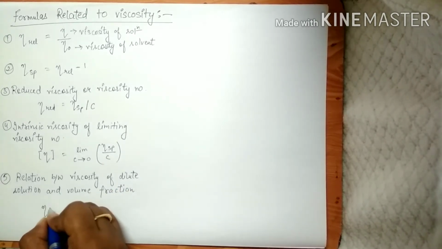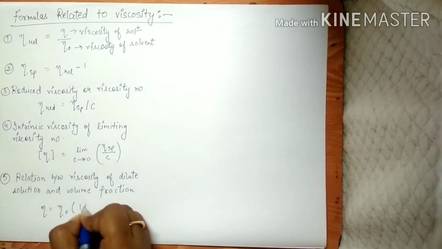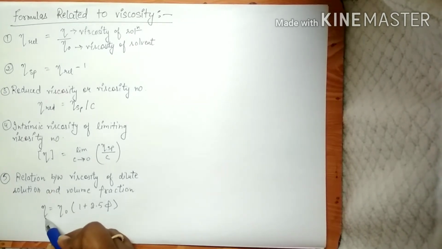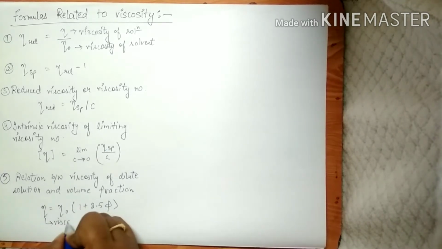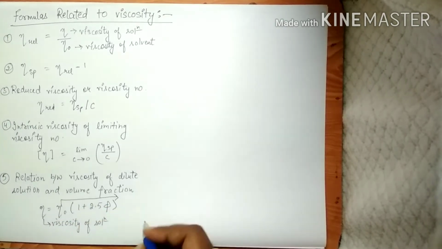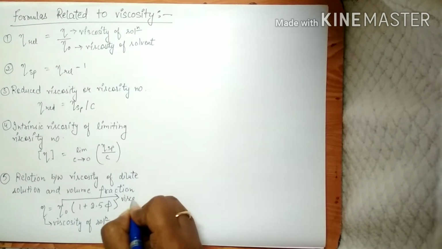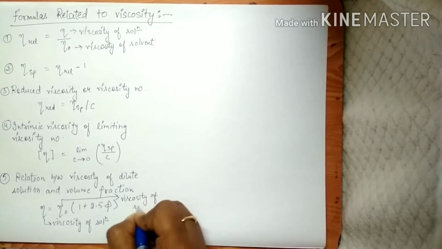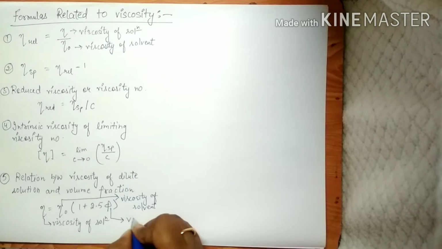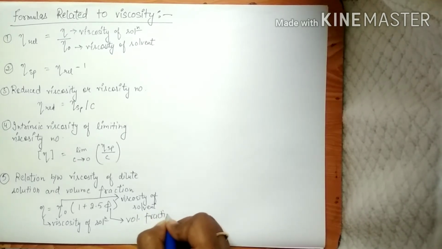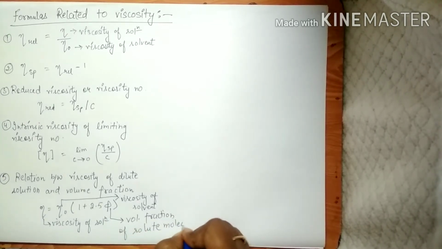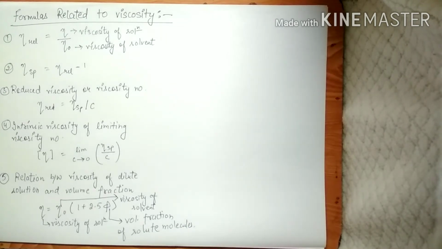The relation is eta is equal to eta naught into 1 plus 2.5 into phi, where this eta is your viscosity of solution, your eta naught is viscosity of solvent, and this phi is your volume fraction of solute, or you can say solute molecules. So this is about the relation.